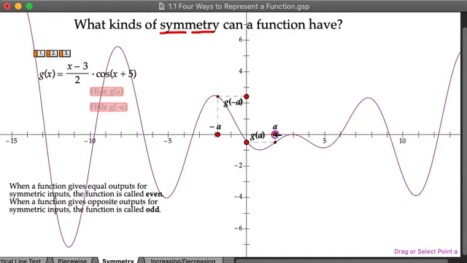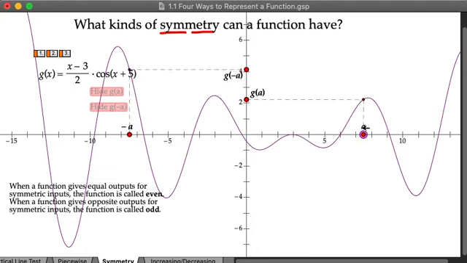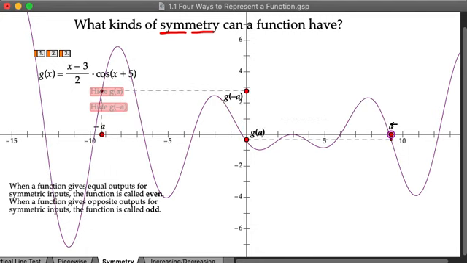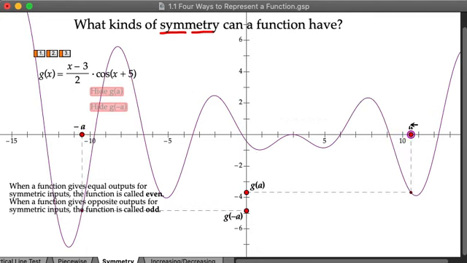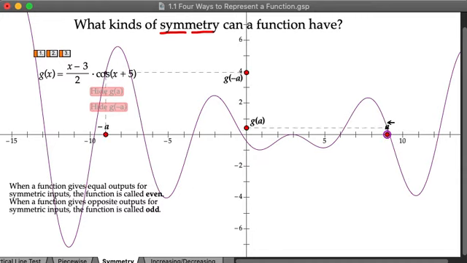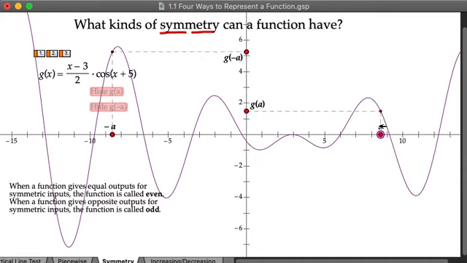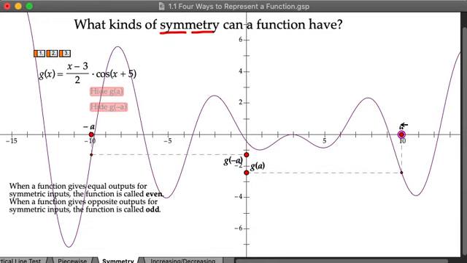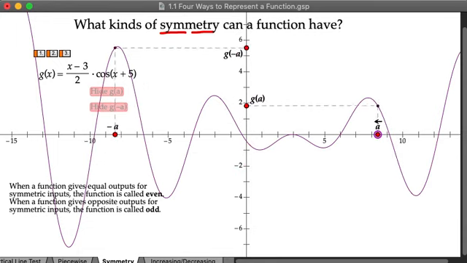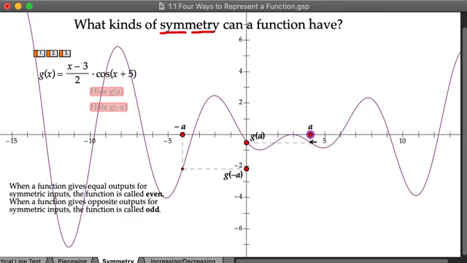And if I look at how the outputs are related for opposite inputs, it doesn't appear as though the outputs are related to each other in any predictable way for the symmetric inputs. Okay, so this particular function would be neither even nor odd. And you don't call it anything, you just say it's neither even nor odd, okay?